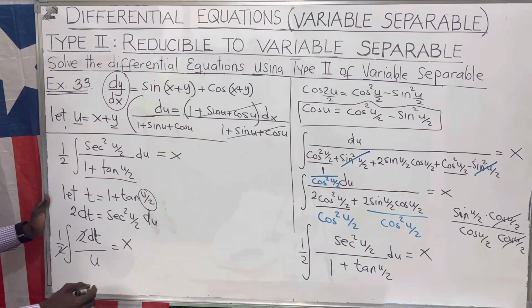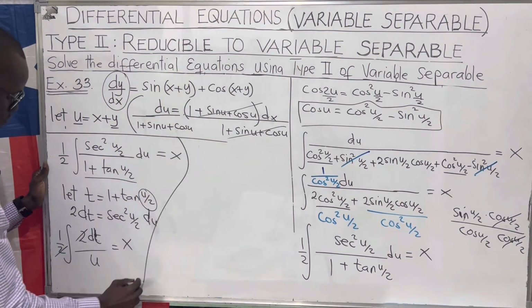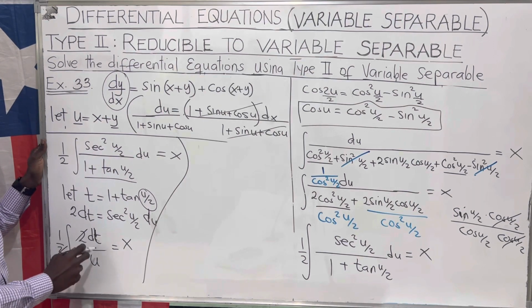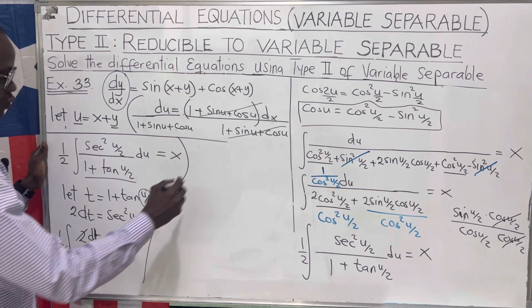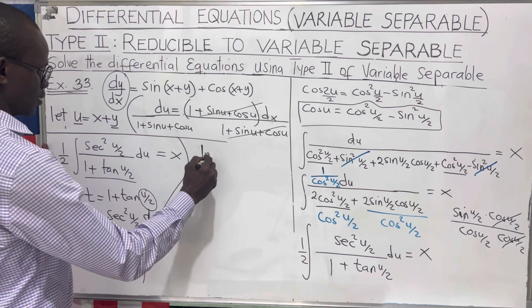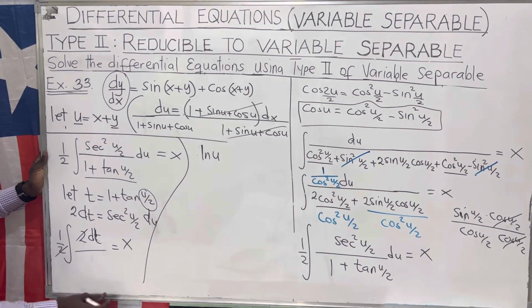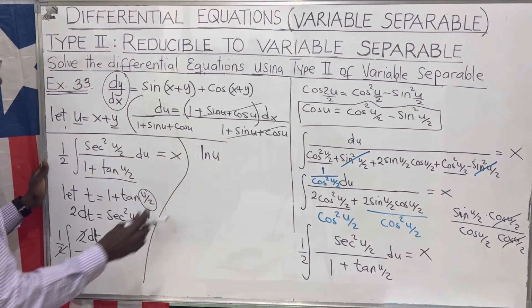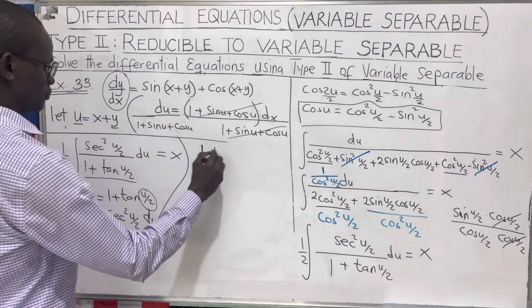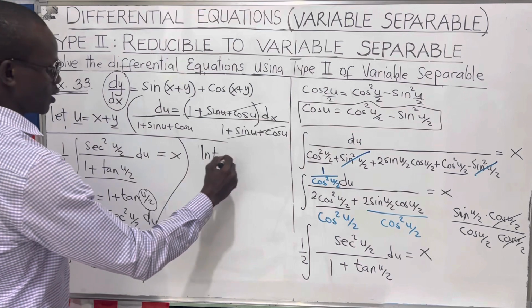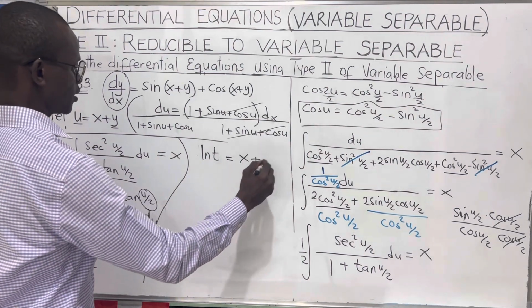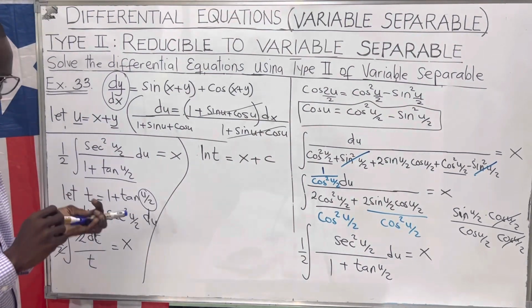This is x. So we will now have the integral of dt over t, is it dt over u or dt over t? This is t, not u. It's just the ln of t, equals x plus some arbitrary constant c.